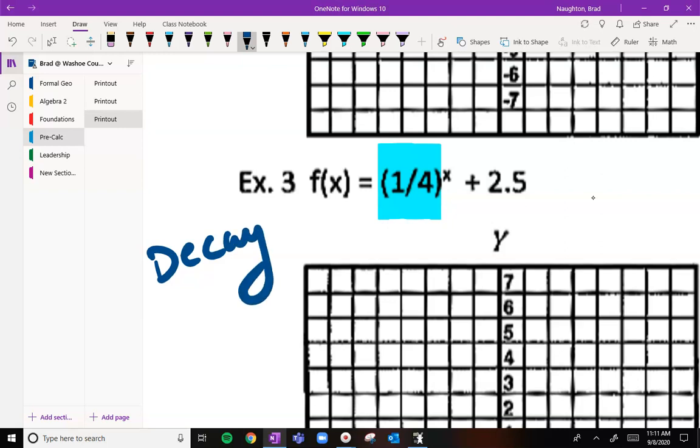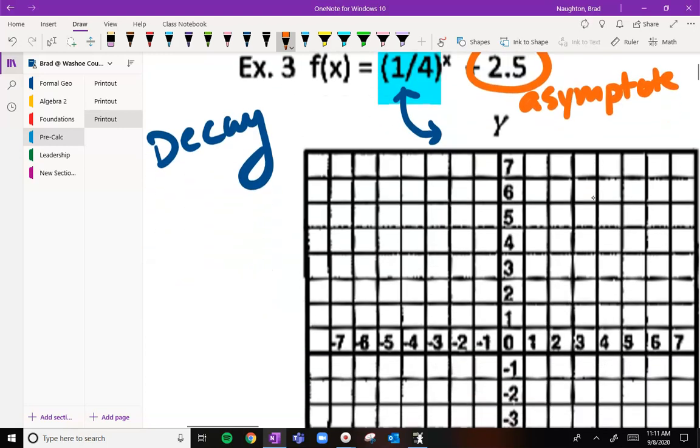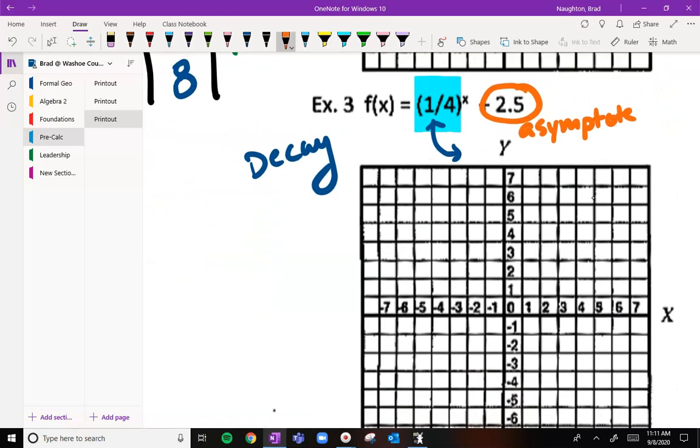I should make it look like decay. I will also mention that this is 2.4, 2.5. That is your asymptote. So I could draw that right away, this is 0, 1, 2. I know where my asymptote is automatically.